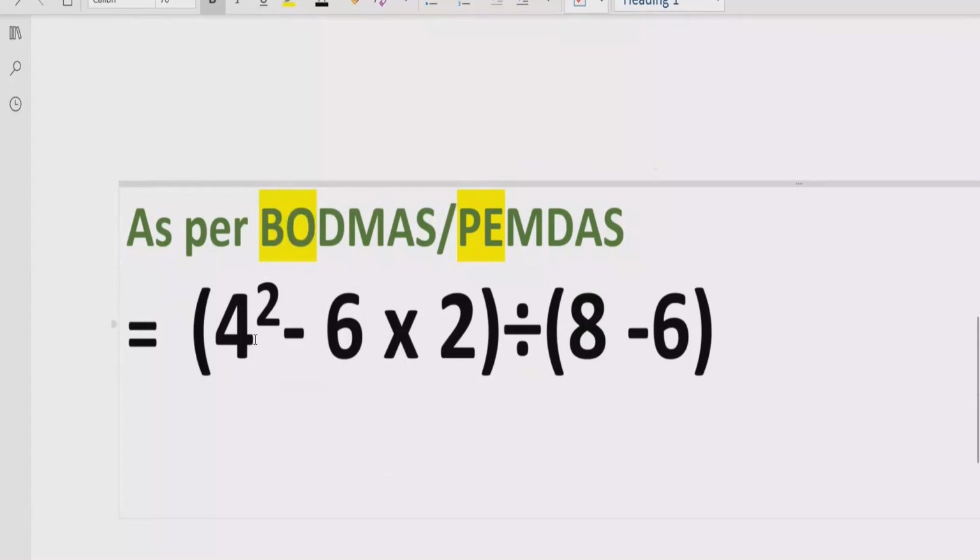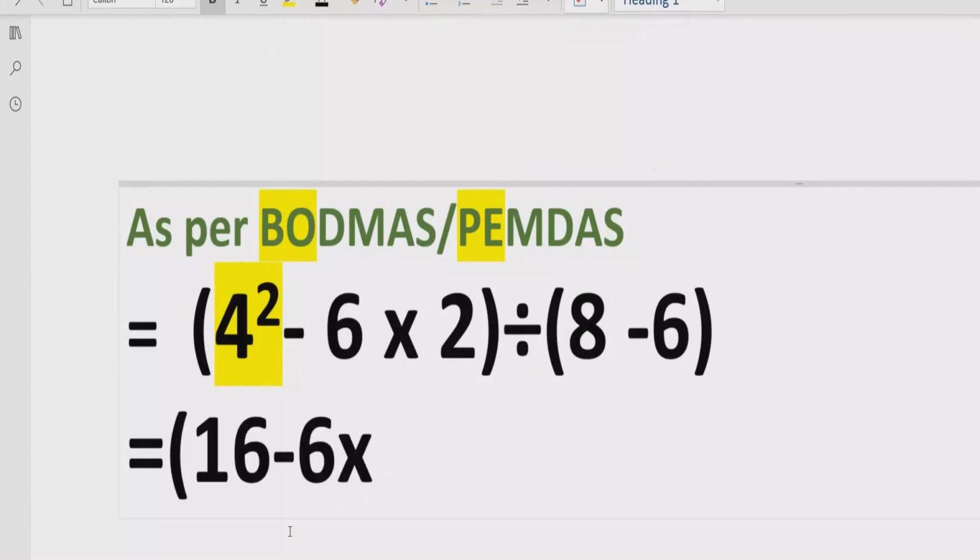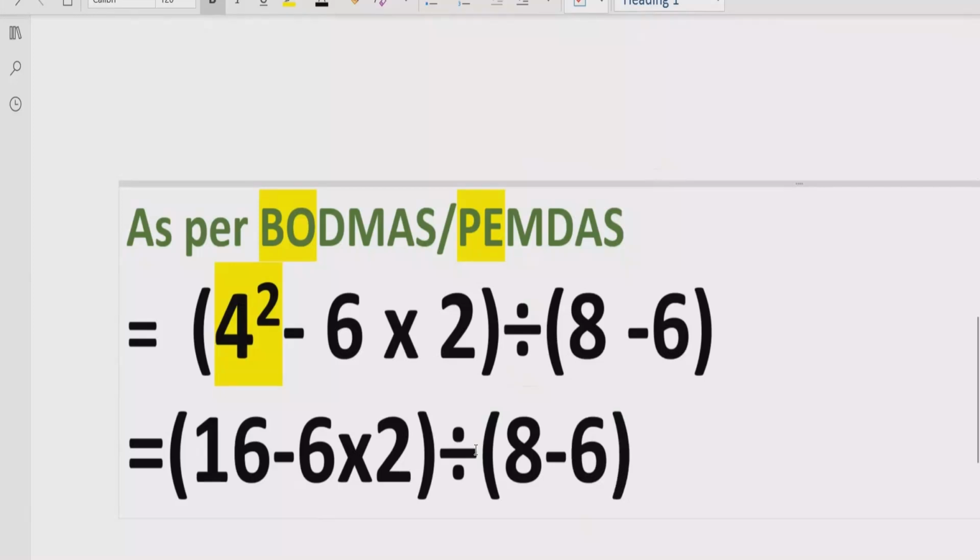So first of all, we have to solve this one, 4 raised to power 2, which is equal to 4 multiplied by 4, which is equal to 16, minus 6 multiplied by 2, divided by 8 minus 6. And here we have to give the reference 4 raised to power 2.